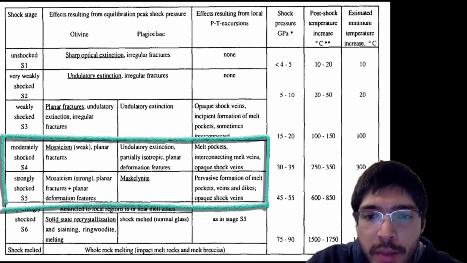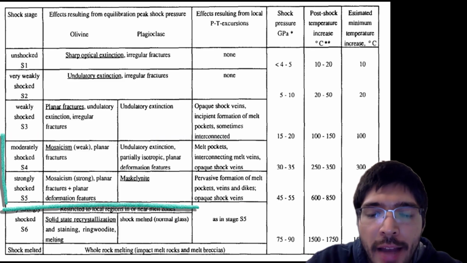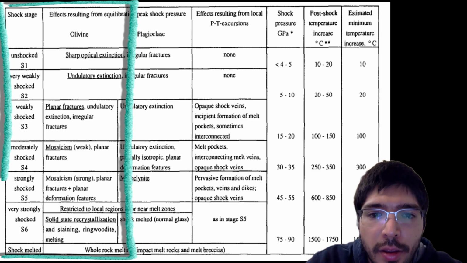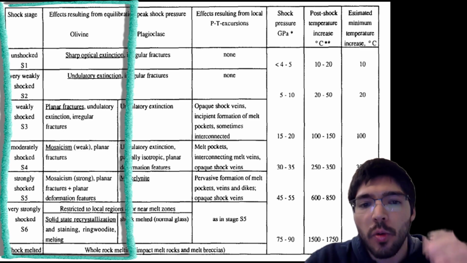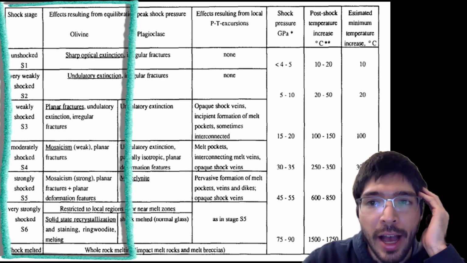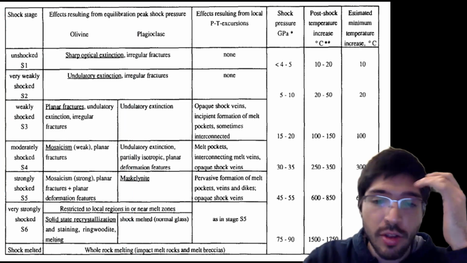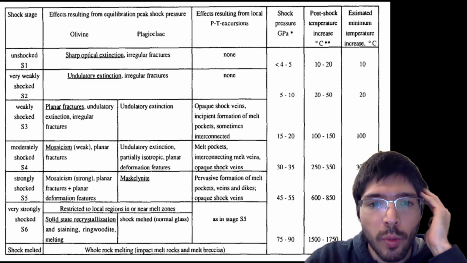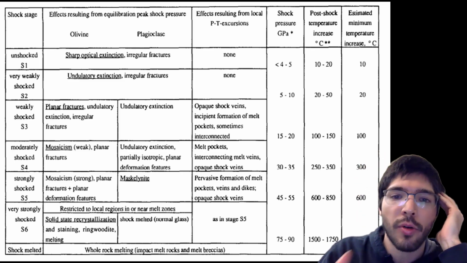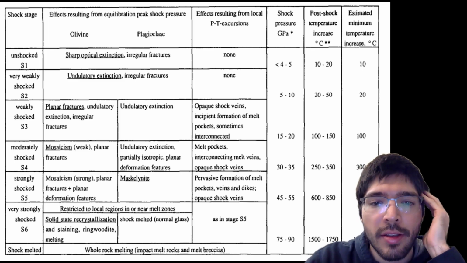Which typically tells us that we're probably at a higher shock stage. You can also look at the olivine to assess different criteria for how it behaves as you're rotating the stage in a petrographic microscope. We call this going to extinction, where we're taking a grain and assessing changes in it.